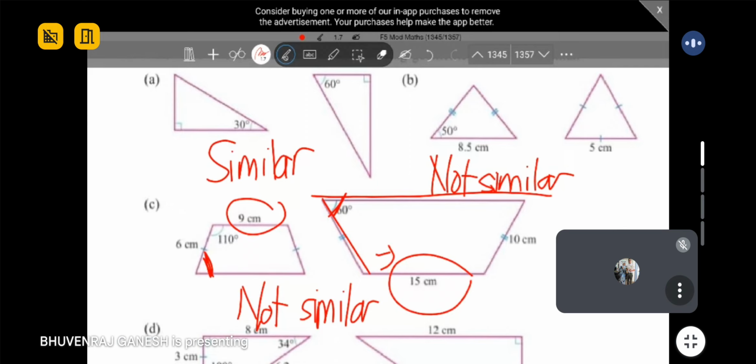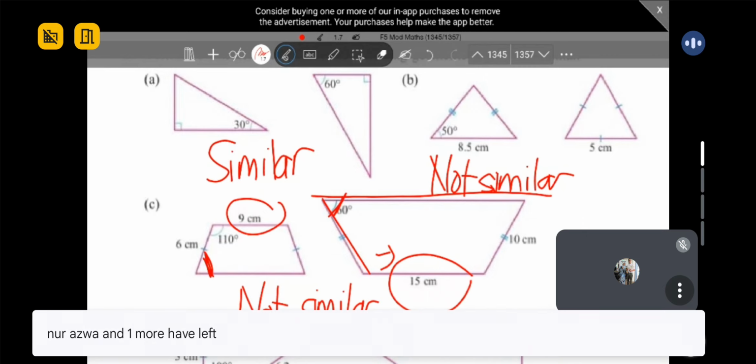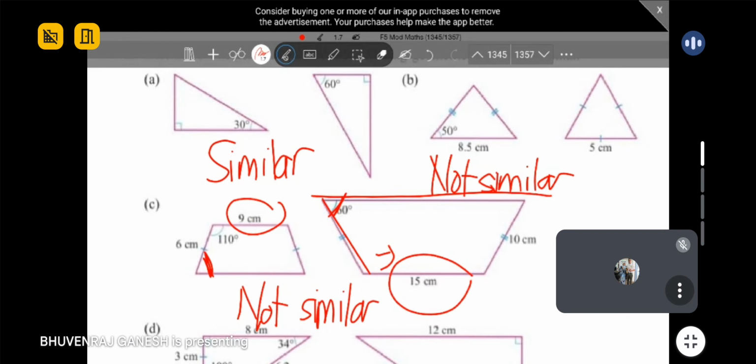Okay, tapi kalau kamu lihat, dia kena lalui pantulan. Am I right? You must go to reflection. So if you have reflection, right? Kalau kamu ada pantulan, basically dia tak sama. It won't be the same.